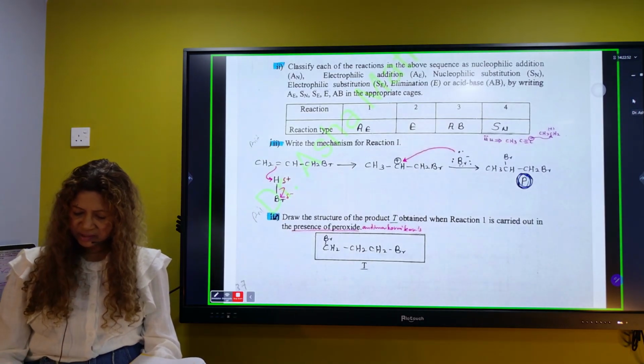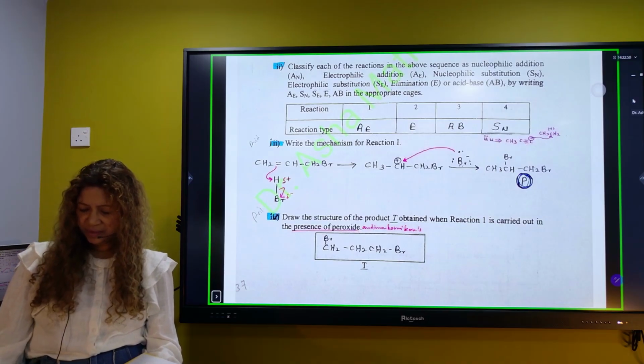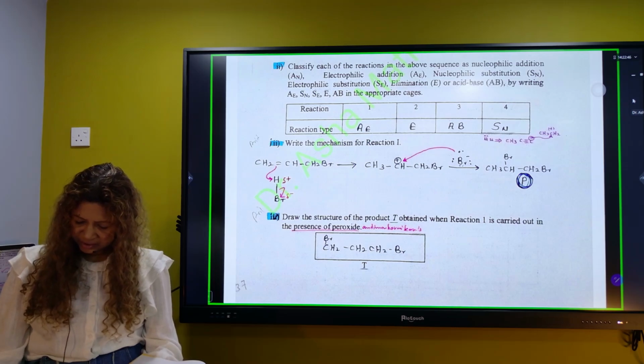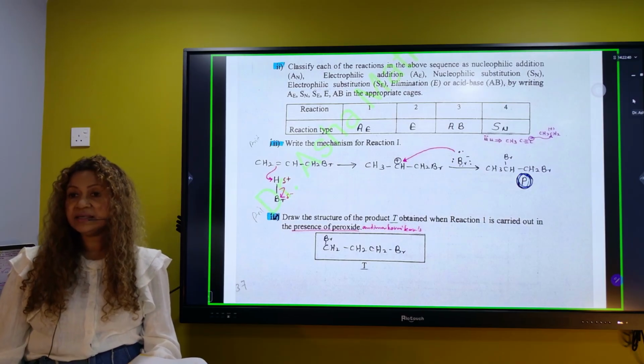See, they are just continuously asking this. Draw the structure of a product T obtained when reaction 1 is carried out in the presence of peroxide, anti-Markovnikov.